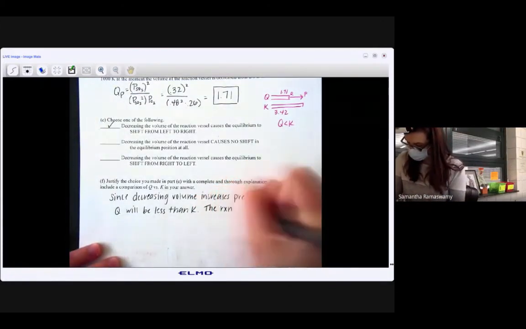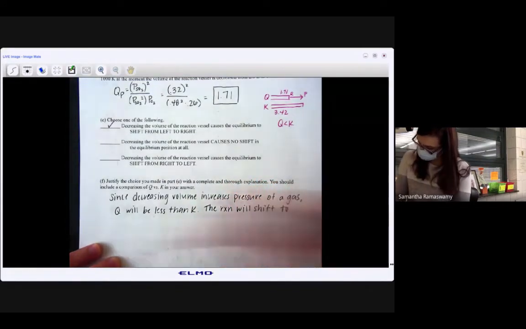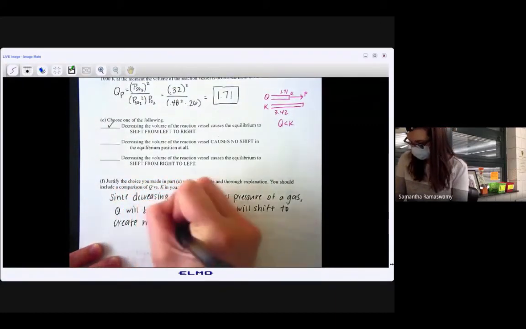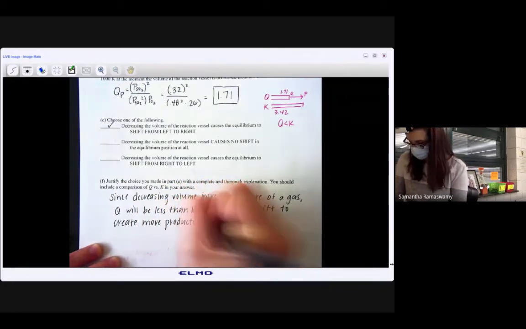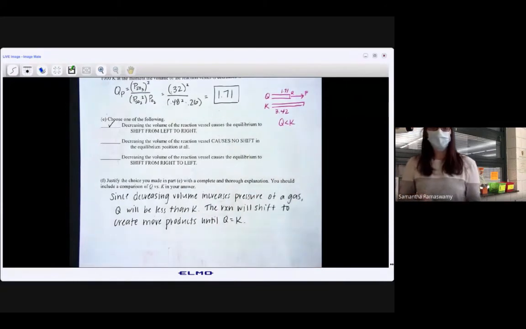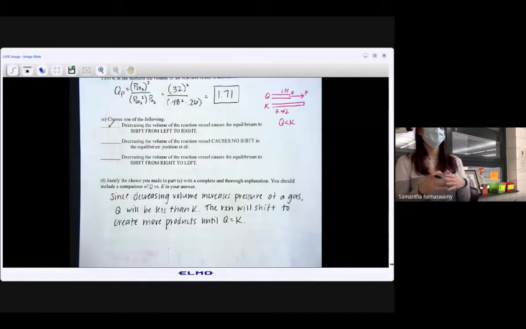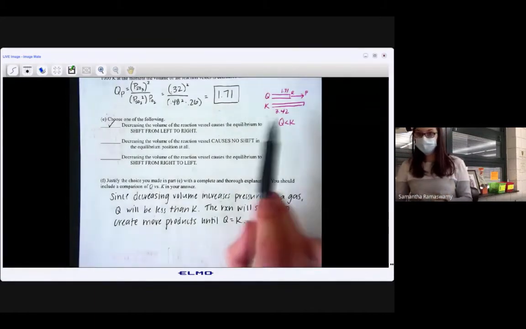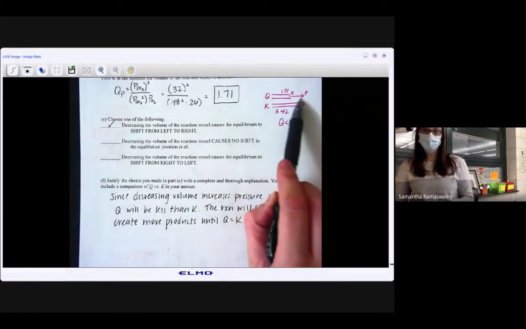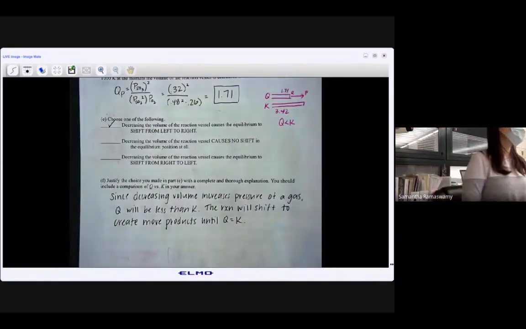So the reaction will shift to create more products until Q equals K. So the whole point of this shifting is to get Q back equal to K. So if Q is less than K, like this example, we need to increase Q. And to increase Q, we can increase the amount of products.